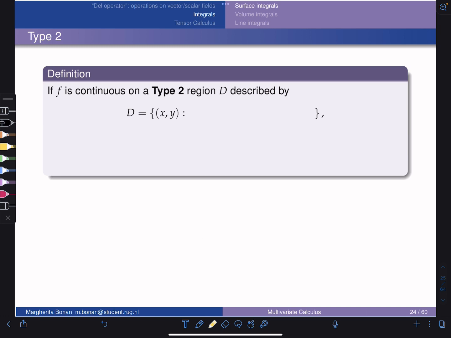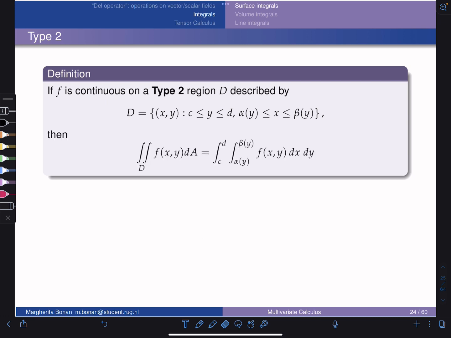Now we can move on to region D being of type 2. In this case, the procedure is similar. If f is continuous in a type 2 region, this region being defined as the points in the xy plane such that y is between two constants and x is between two functions depending on y, then the double integral is equal to the integral from c to d and then the integral from alpha to beta of the function.